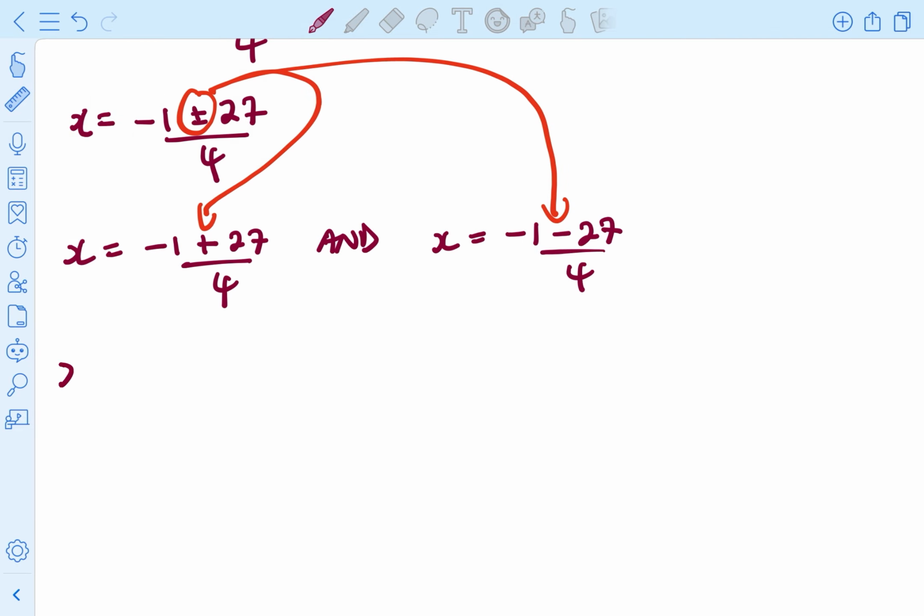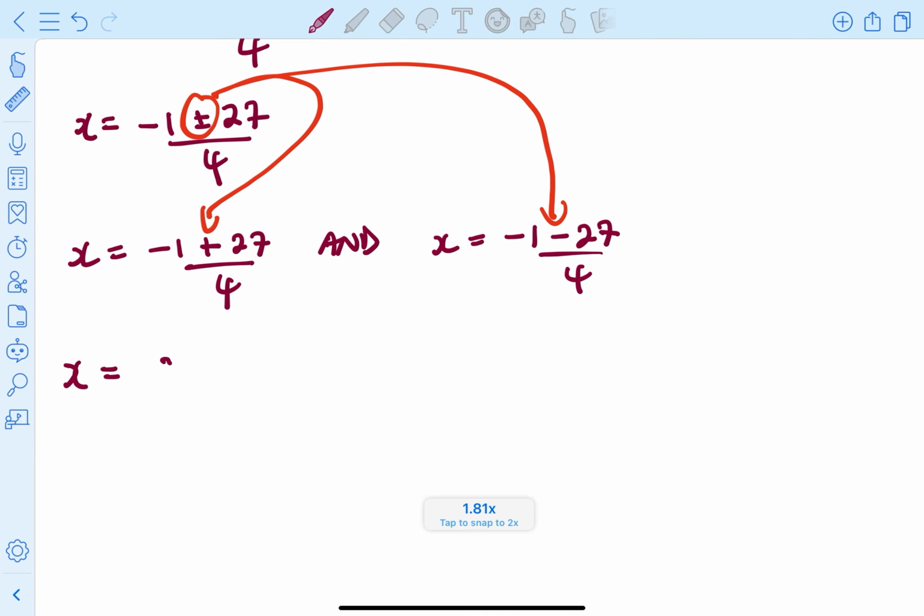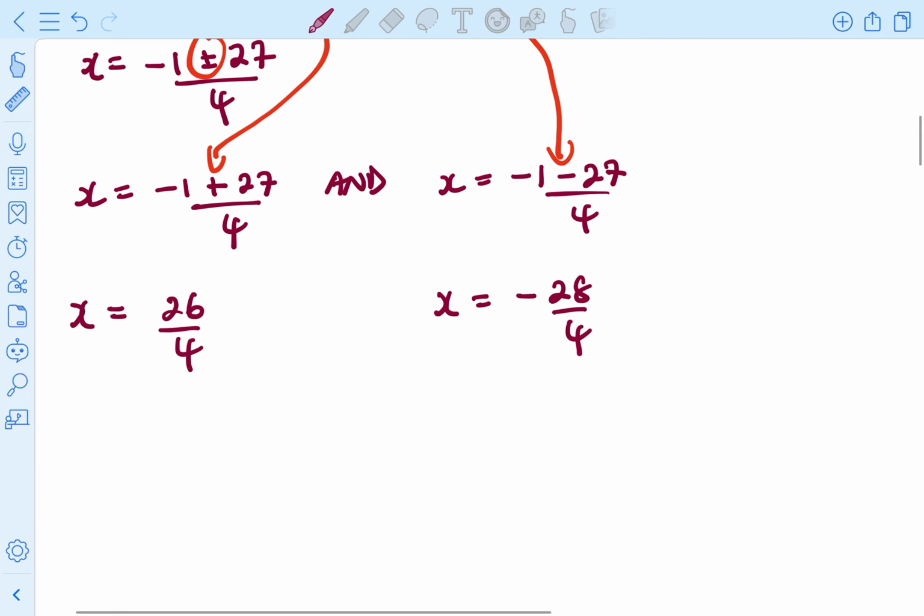Now we can simplify it to get our two roots for the quadratic equation. x will be equal to -1 plus 27, which is 26 over 4, and x will be equal to -1 minus 27, which is -28 over 4. So 26 divided by 4 is 6.5.